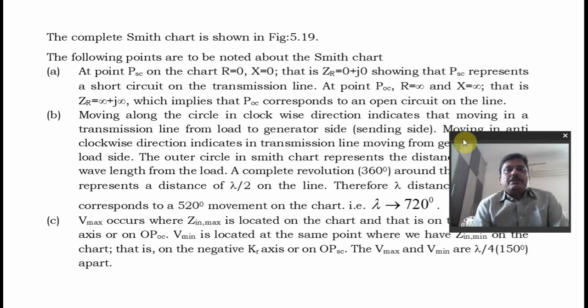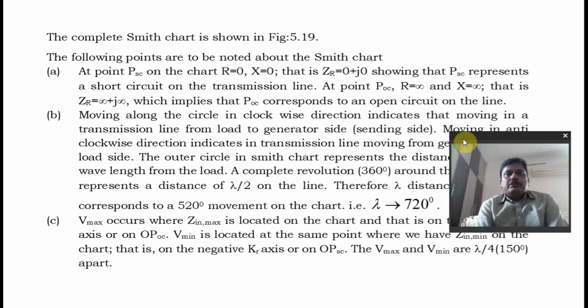At point PSC on the chart, r equals 0, x equals 0, that is zr equals 0 plus j0, showing that PSC represents a short circuit on the transmission line. At point POC, r equals infinity and x equals infinity, that is zr equals infinity plus j infinity, which implies that POC corresponds to an open circuit on the line.